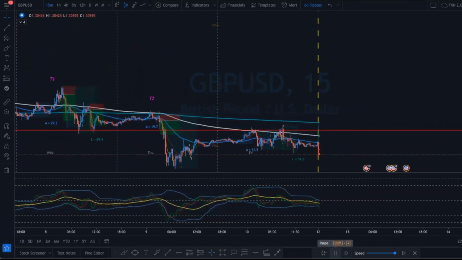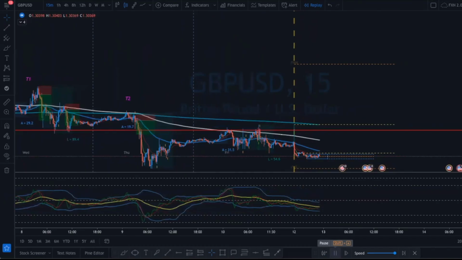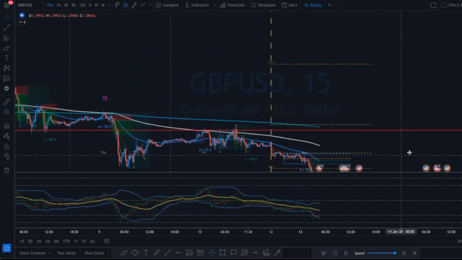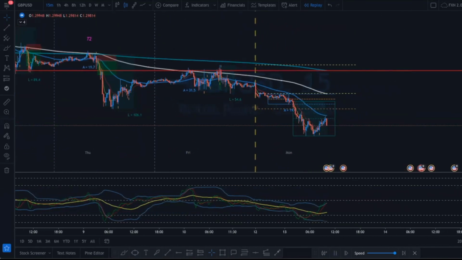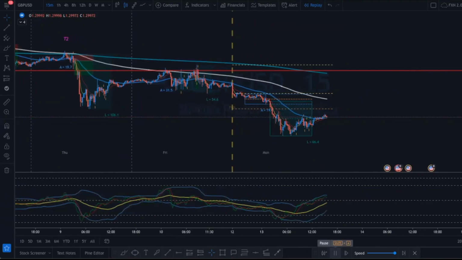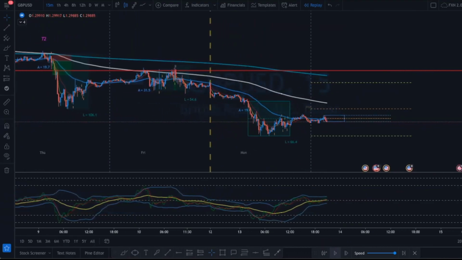What's the pair and the date? I'll tell you what you did wrong. It's GBP/USD, January 16th, 2020. January 16th, okay.